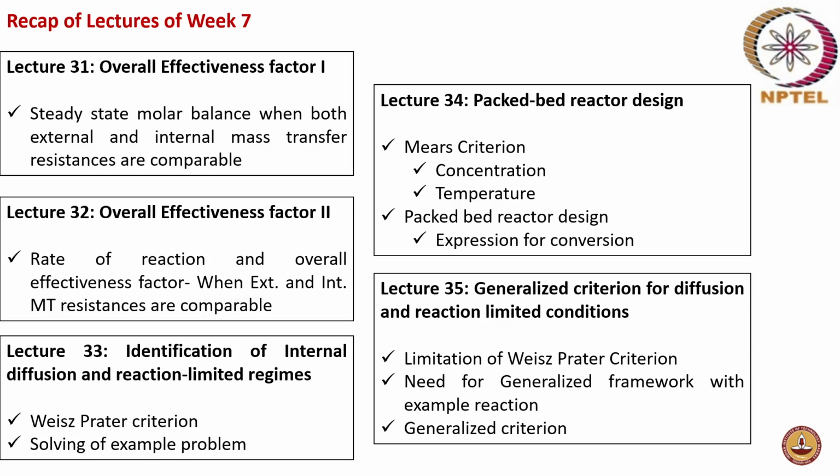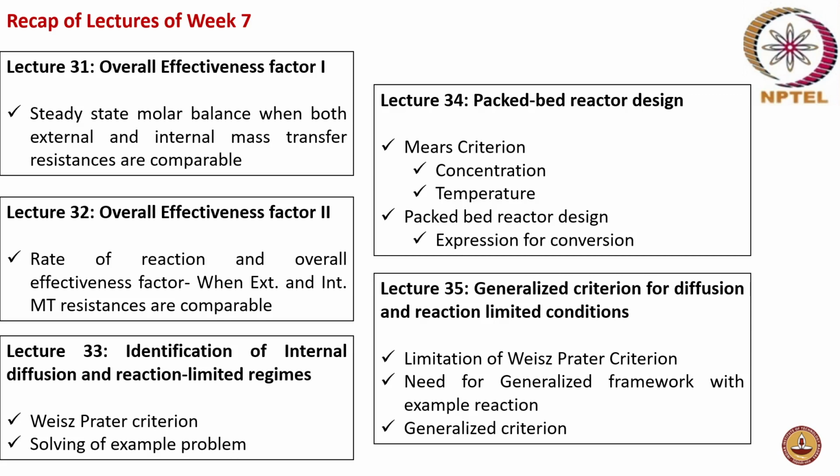Here, Weiss-Prater criterion was discussed, and an example problem was solved where two different sizes of catalyst pellet and the observed reaction rate were given, from which the Weiss-Prater criterion was calculated, and it was discussed.